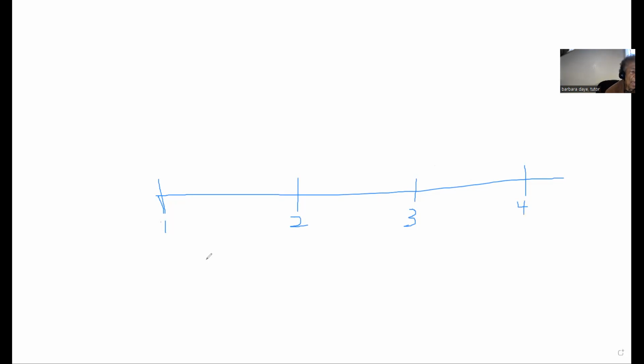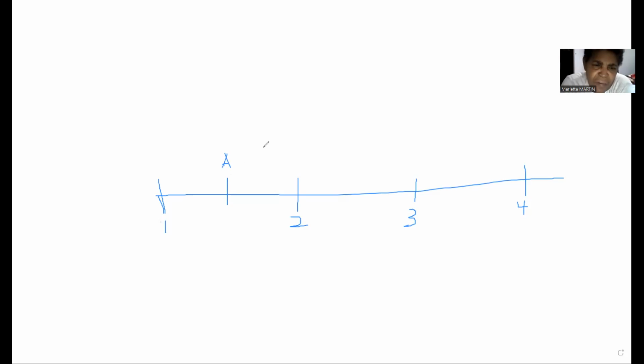Now, you can have fractions on a number line. If I put a point here, halfway between 1 and 2, what would I call this point? Call it A. What do you think A would be?